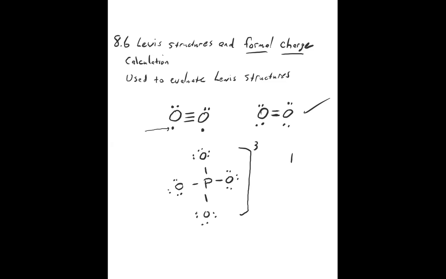Some might argue that this is a proper Lewis structure because it obeys the octet rule. The oxygen atoms have 8, and the phosphorus at the center has 8. So based on the octet rule, we would suggest that this is perhaps an appropriate structure.